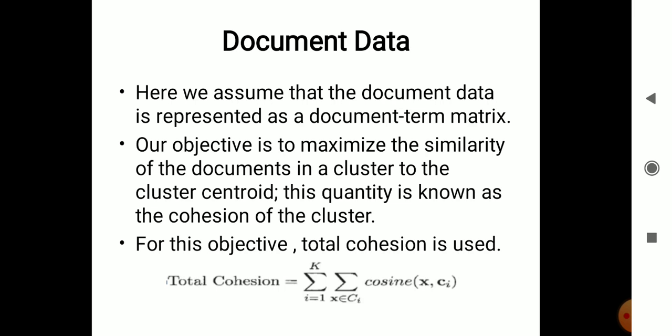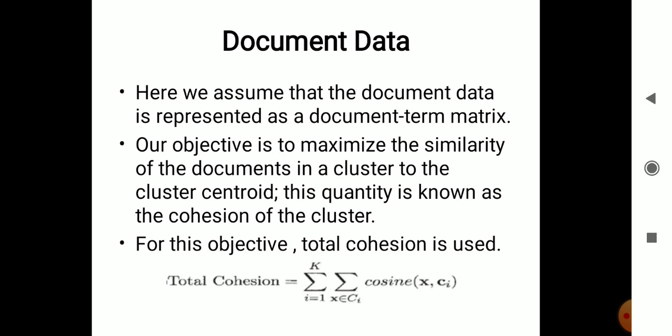You identify the different terms present in all the documents, and along the columns you represent the document terms, and along the rows you represent the documents, like document 1, document 2, and so on. The intersecting values of the columns and rows represent how many times each term appears in that particular document.